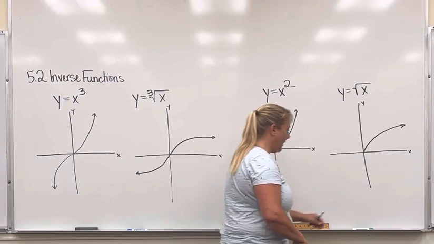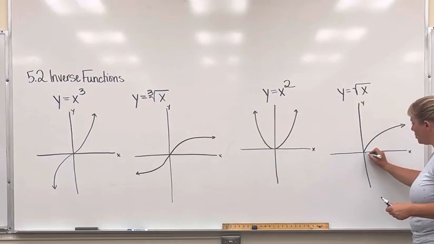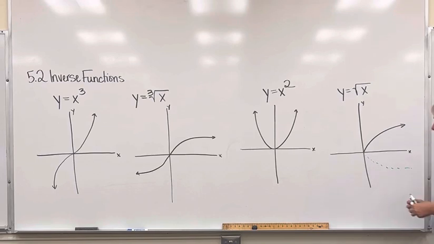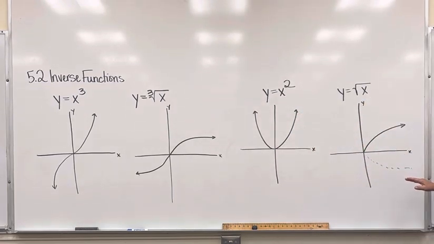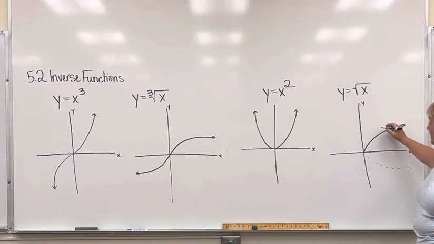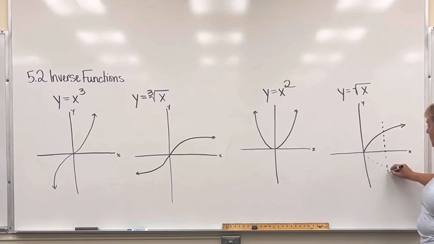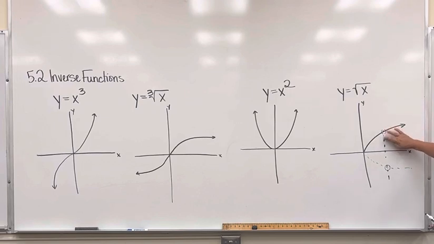And the reason why is that it should look like that. Now, if it had both parts here, then don't these two guys look very, very similar to each other? So yes, they undo each other, but what happens here? If I were to run a vertical line through here and it contains this green part, do I have a function anymore? I don't, do I? So when it comes to the square root of x, we're not going to use the negative part, we're just going to use the positive half.